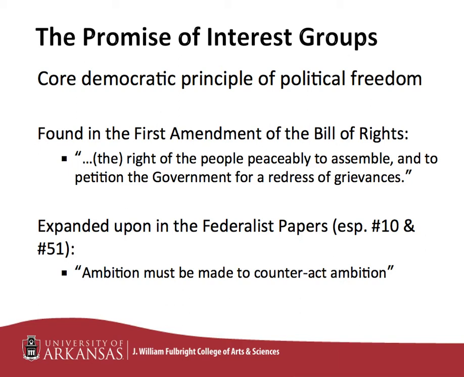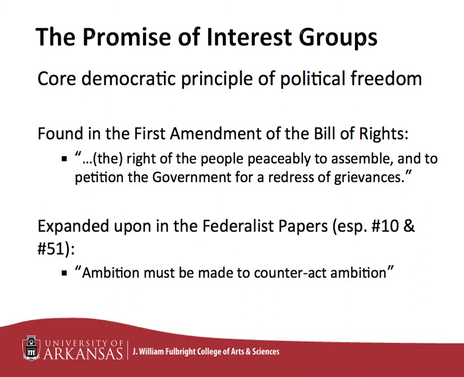And to take a quote here from the First Amendment, "The right of the people peaceably to assemble and to petition the government for redress of grievances" covers this idea here. And one of the means by which they assemble as a group and then petition is through interest groups.